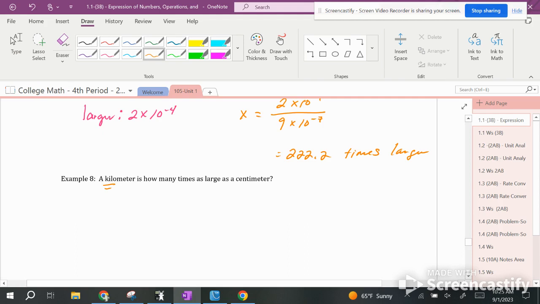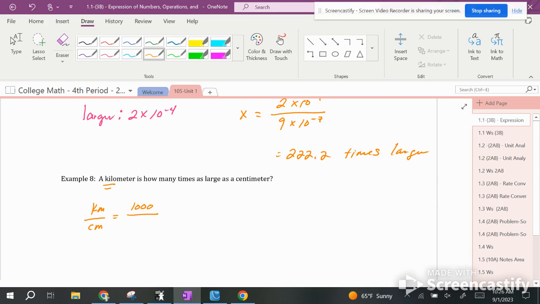To figure out how many times bigger something is, you go bigger over smaller, right? The kilometer is obviously bigger, so the kilometer is going to be divided by the centimeter. How many meters is a kilometer? 1,000 meters. And how many meters is a centimeter?